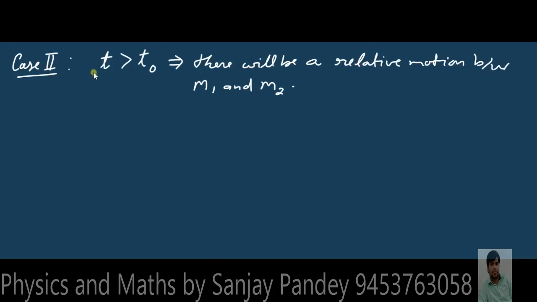Now case second, when t is greater than t0, in this case there will be a relative motion between m1 and m2. Suppose the acceleration of plank m1 is a1 and that of bar m2 is a2.